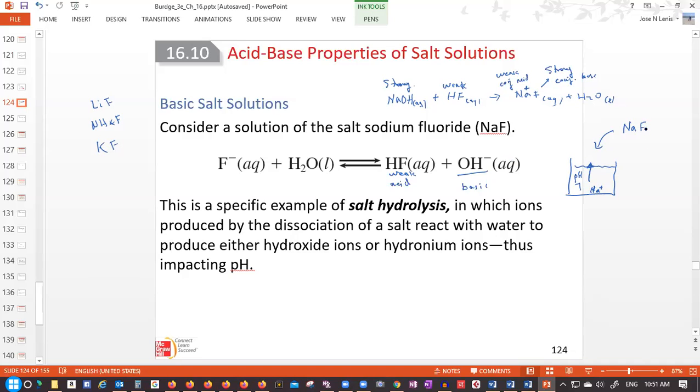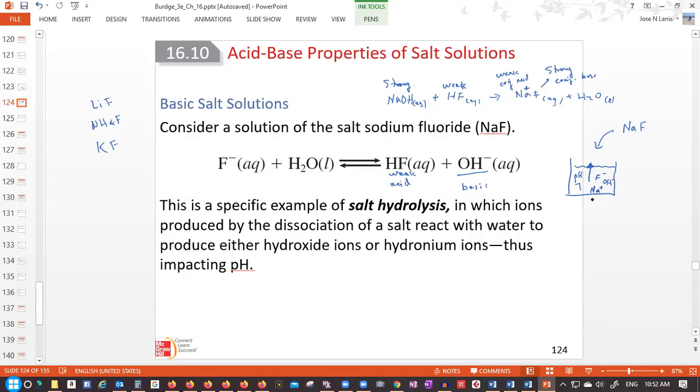However, the F minus ion is going to produce, through that hydrolysis, through this reaction, also OH minus, making the solution basic, bringing the pH above 7.